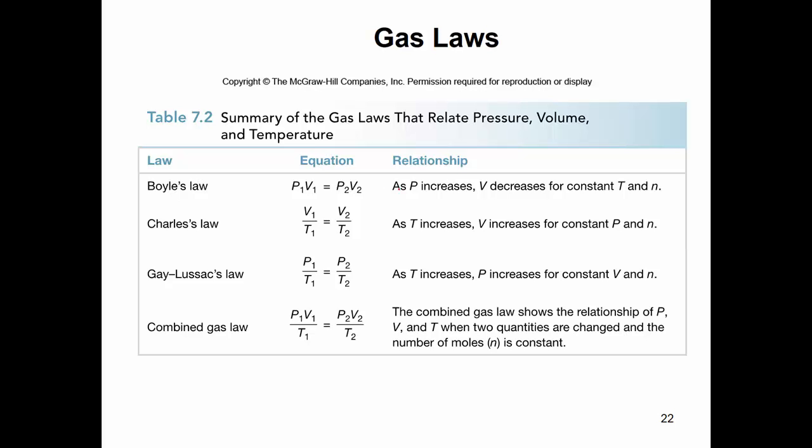Here's our nice summary table, which is great. Boyle's law: if pressure increases, volume decreases, and there's the equation. Charles' law: temperature increases, so does volume. And Gay-Lussac's law, direct relationship again: if temperature increases, then that makes the pressure of those gas molecules increase.